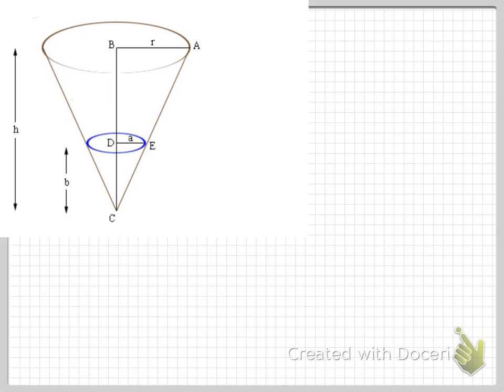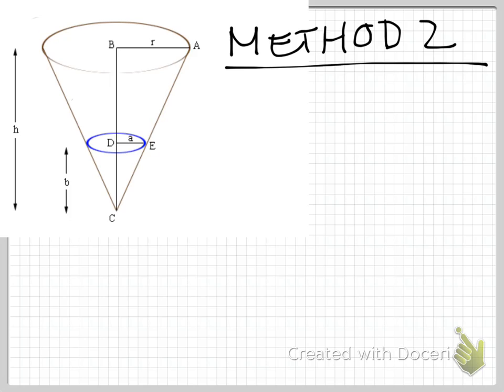All right, well, I told you that we were going to solve this problem 2 different ways. Here is the second method. Method 2. And remember, you should also have this on your paper. So, the second method is very similar, but a little bit different. It becomes a little bit easier as you're solving it, but a little bit longer for the setup.